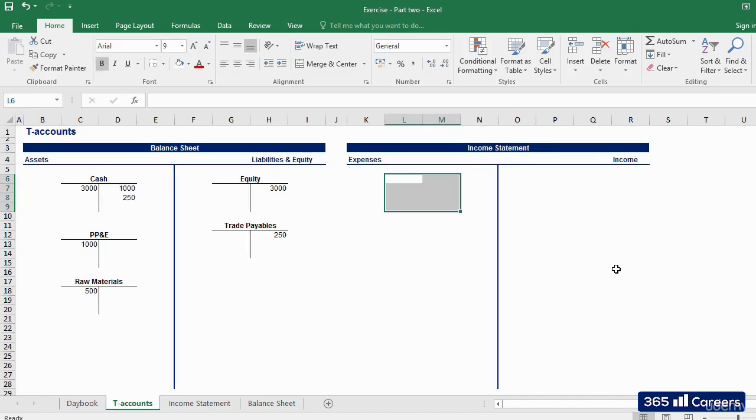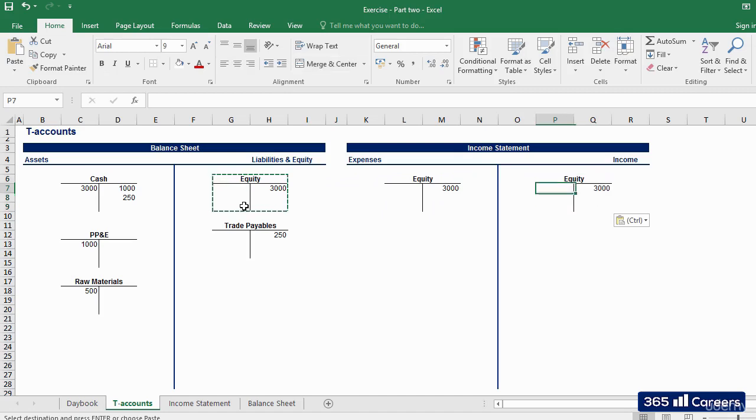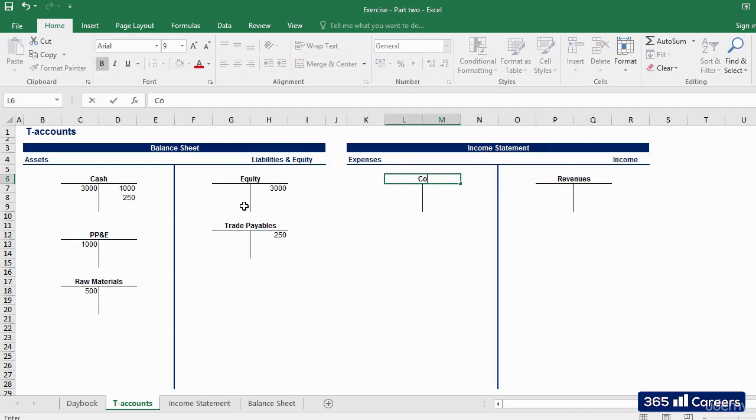Let's add these entries to our T accounts. We can copy a small T account from the balance sheet and paste it 2 times. I'll change the titles of the new T accounts to Revenues and Cost of Goods Sold.